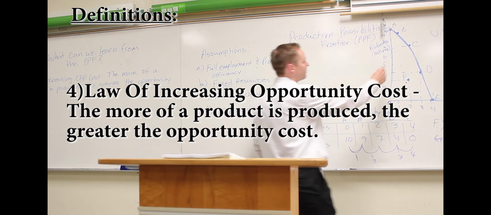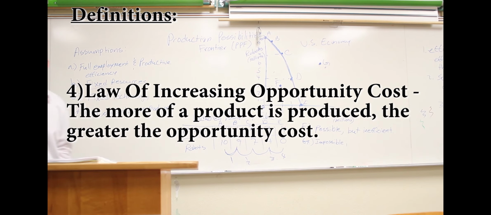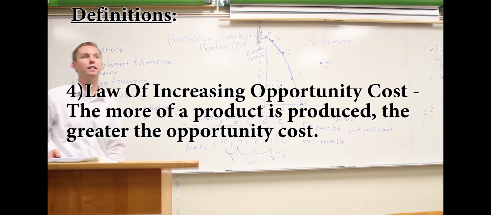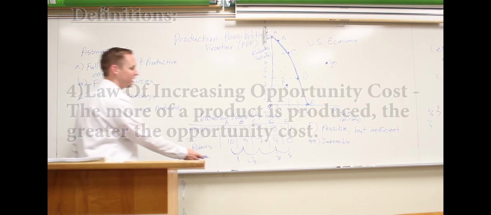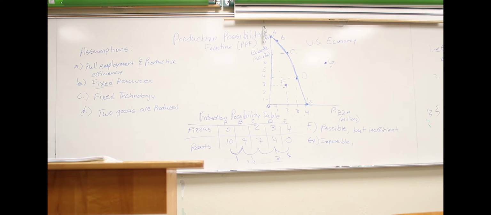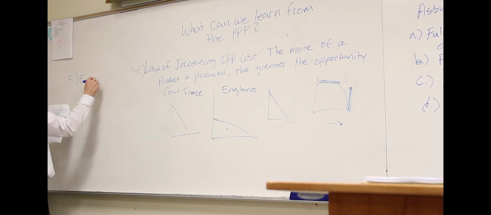So as we produce more pizzas, what happens? You lose more robots. Right, and when we lose robots, what is that? Opportunity cost. That's right, and what's happening here? It's increasing. So the more of a product is produced, the greater the opportunity cost. And 5 is economic growth.